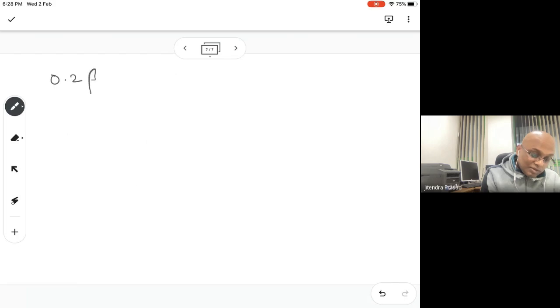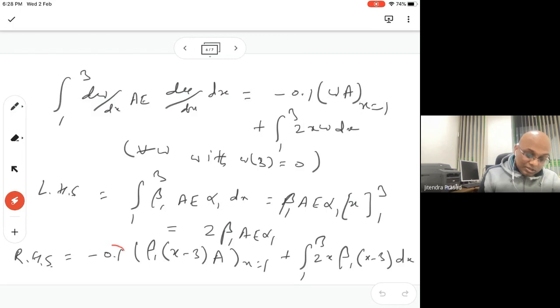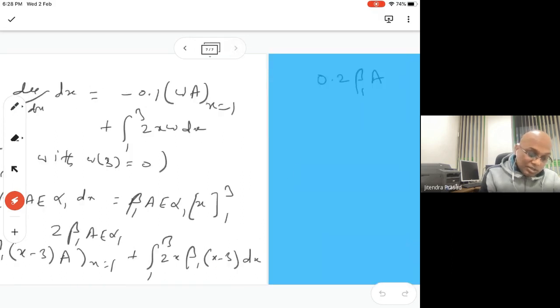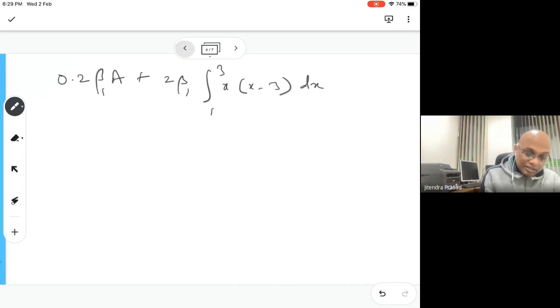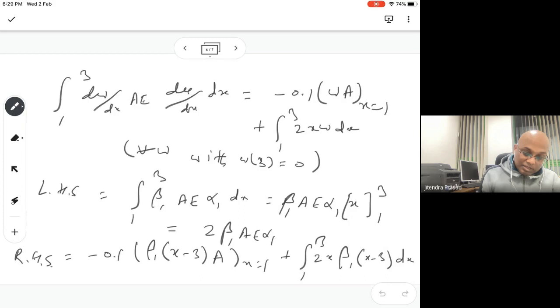So 0.2 beta 1 A is what we will get, plus the 2 times beta 1 will go out. So here plus 2 times beta 1 times the integral from 1 to 3 of x times x minus 3 dx, right?